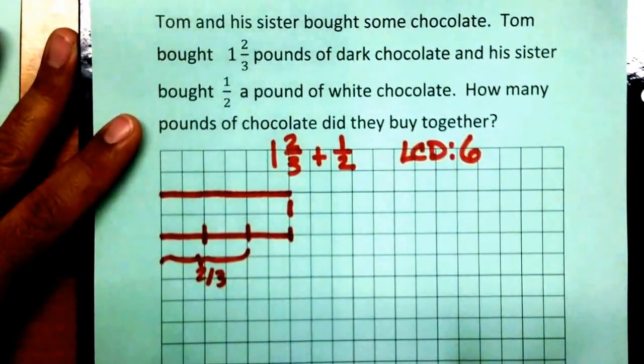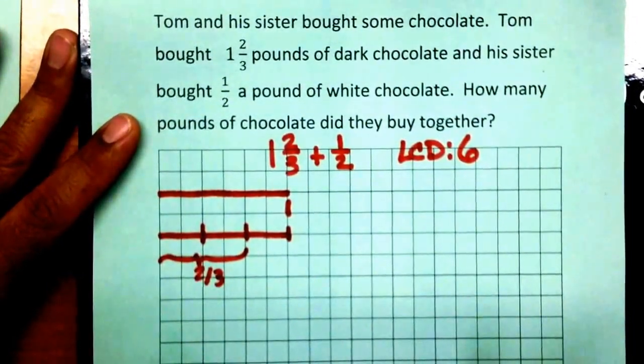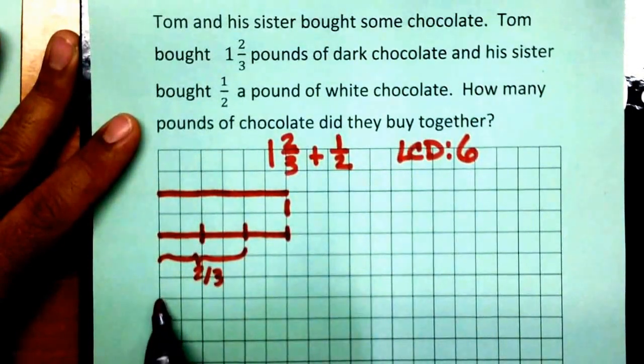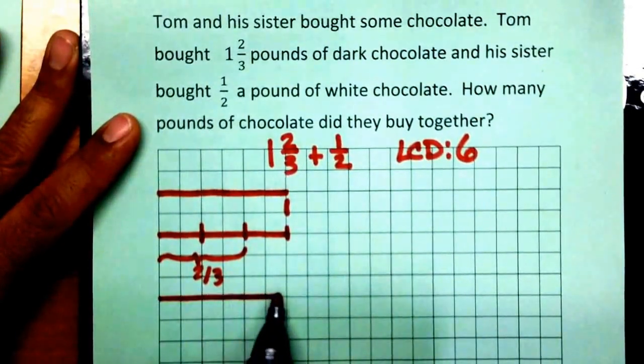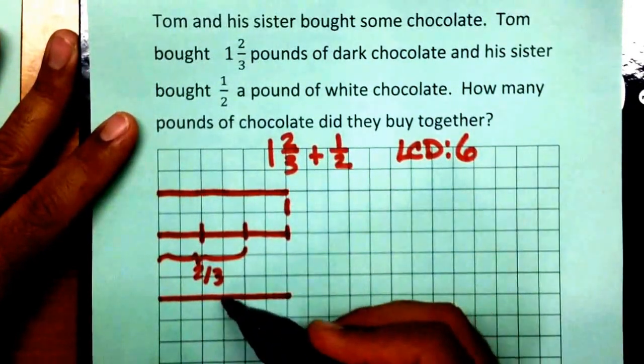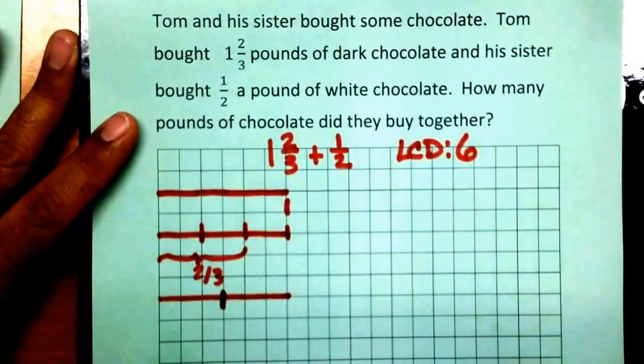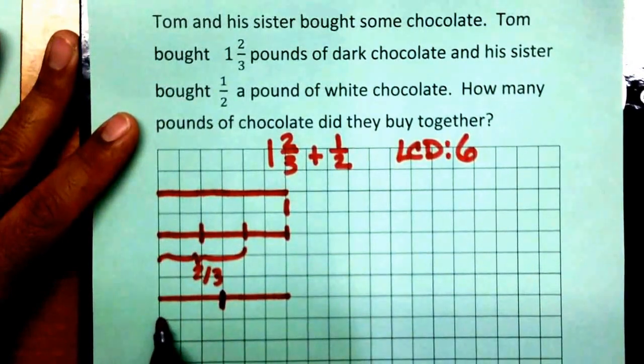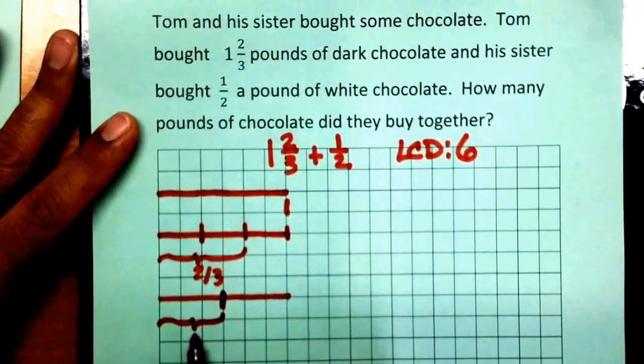We're then going to represent half. We're going to cut a number line into 2 pieces. And half of that number line is represented by 3 of these squares.